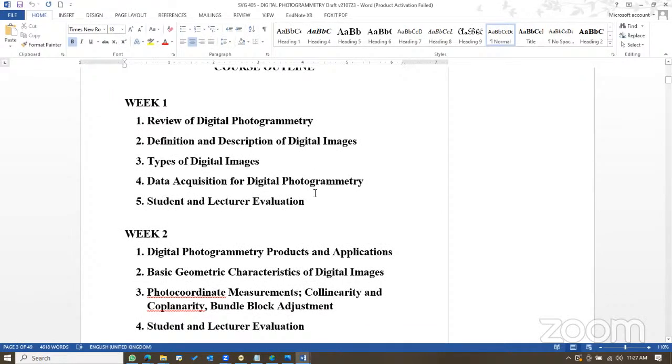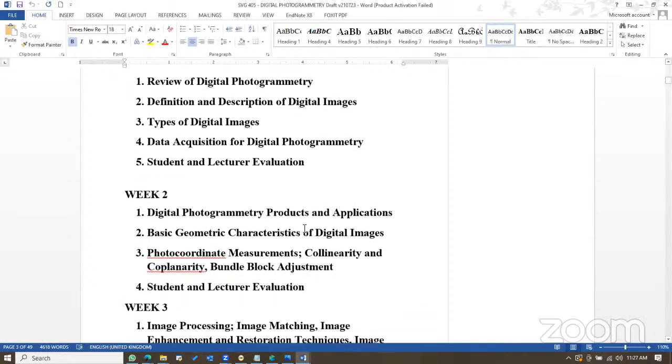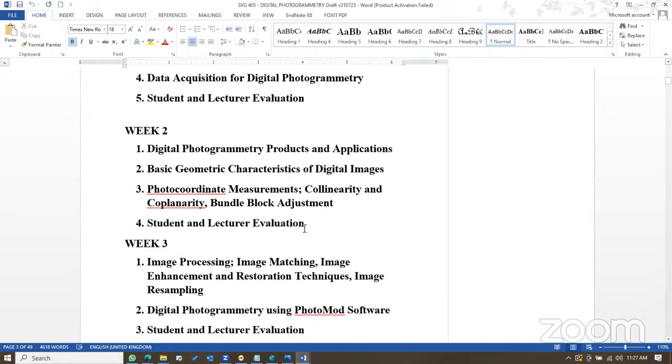We review digital photogrammetry. We define and describe data. What are the data for the images? We look at the types of images, and the data acquisition for digital photogrammetry. We even look at the data products and applications. I've told you it's not about the product now, but the application, where you did the assignment on the story map. So don't forget, the story map is very important.